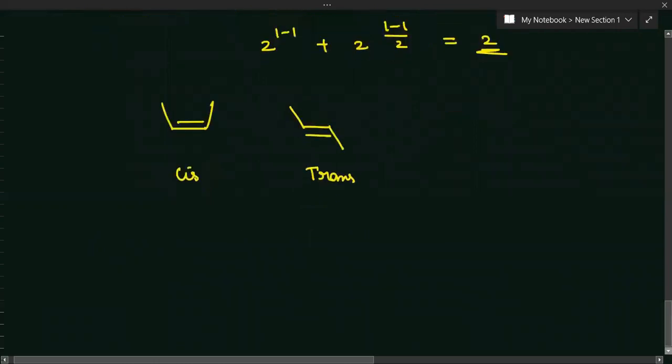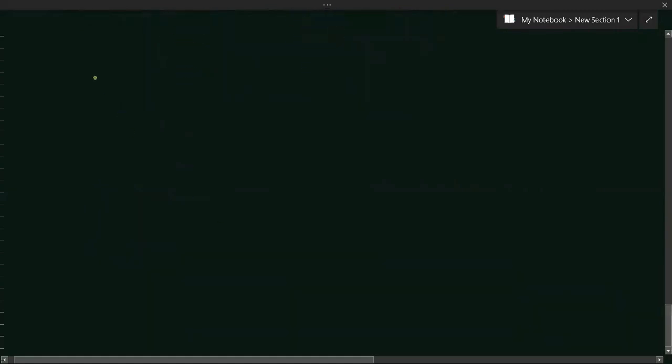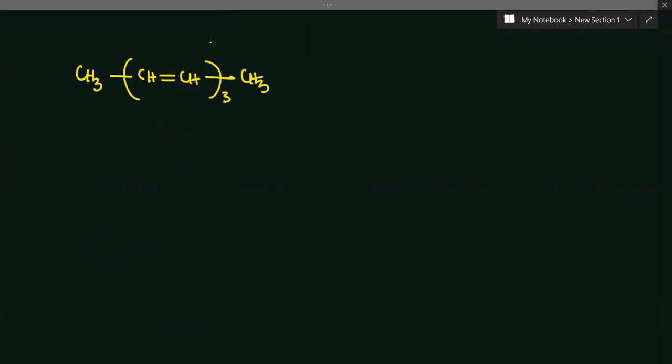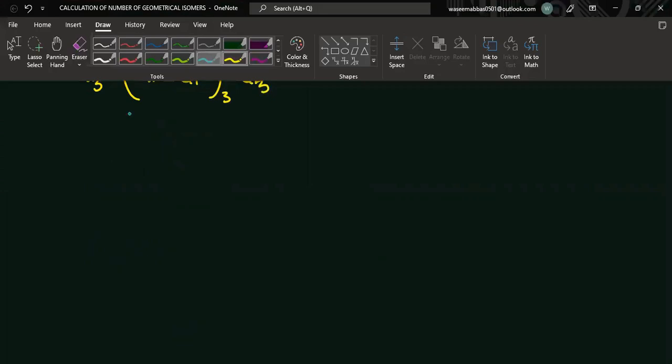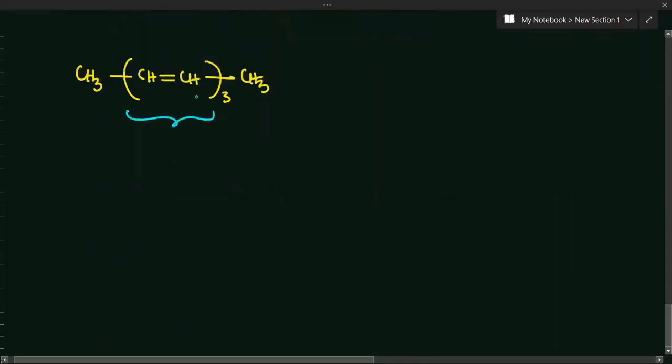I can also apply the same formula to a compound like this. If I take this conjugated system 3 times, I'm talking about 3 pi bonds in conjugation.